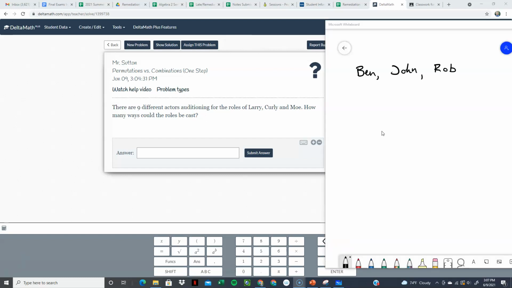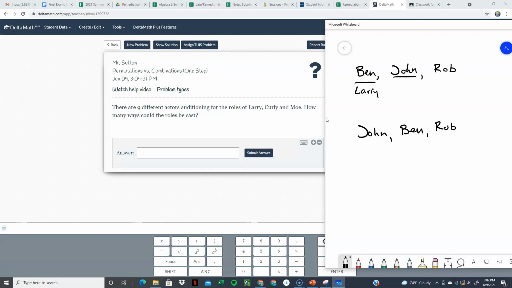So what I'm saying is, let's say Ben, John, and Rob are cast for this part. You might think that the order does not matter because if John, Ben, and Rob are cast, it's a different order, but it's still the same 3 people cast. But the thing is, they're being cast into specific roles.